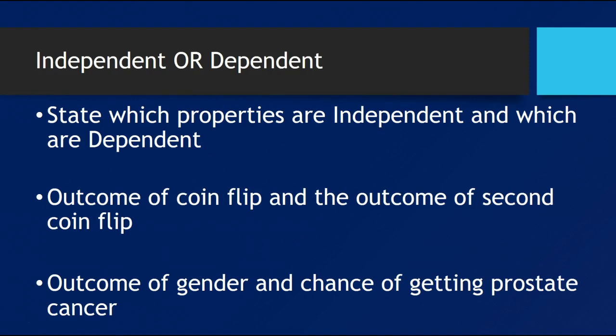So if I know that they have prostate cancer, that changes the chance that they're male or not. So these are dependent. The outcome of one gives me a higher or a lower probability of the outcome of the second, or vice versa. So gender and getting prostate cancer are dependent. They are affecting each other. The chance of one happening does affect the chance of the other happening.